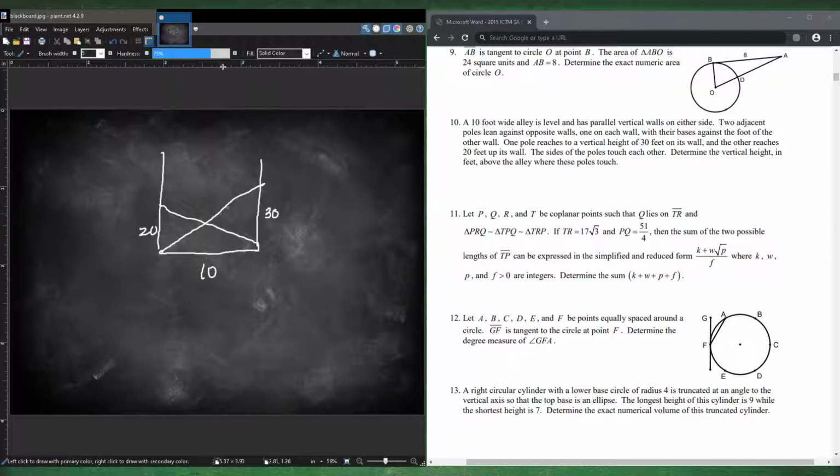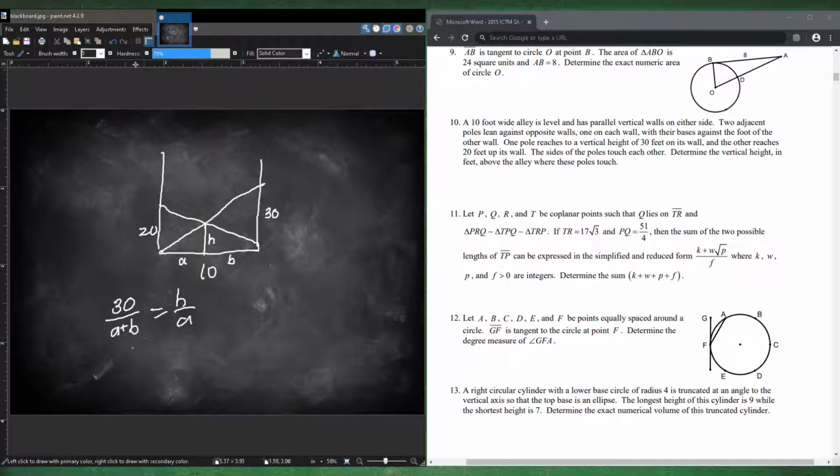Okay, so determine the vertical height where the poles touch. So we need to find this height. So that's h. Okay, so let's just split these two side lengths and call this A and call this B. So what we have is using this triangle and this small triangle right here, right? That tells us that 30 divided by A plus B is equal to H divided by A. Okay, so we know that's true.